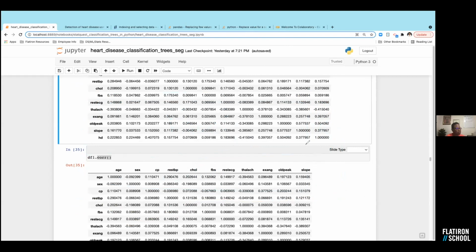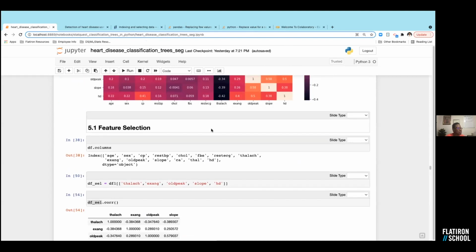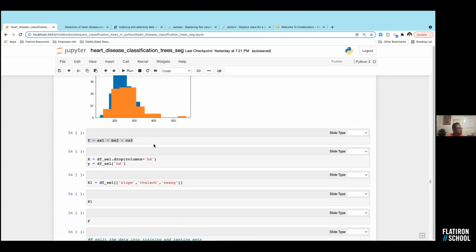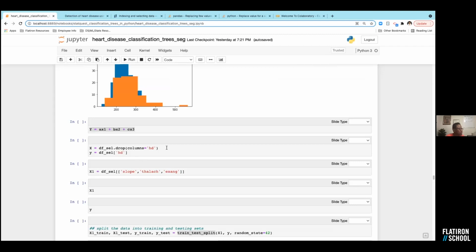Right, so that we can begin to put the data into our model. Here I am making that separation of the X and the Y. After I selected, I did an even further selection.